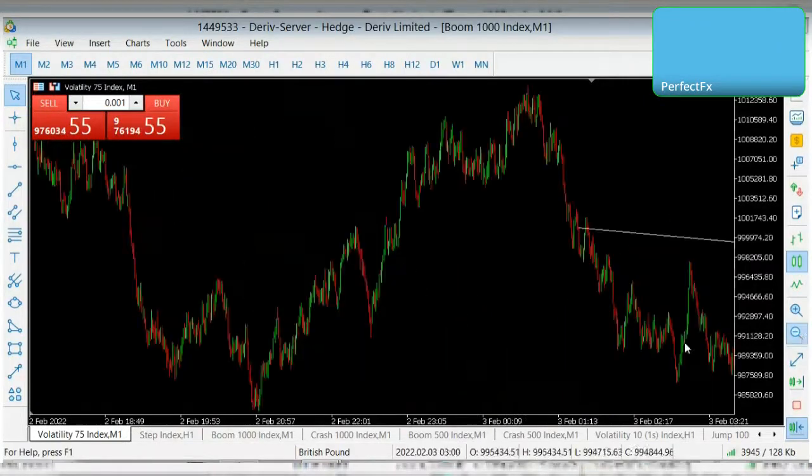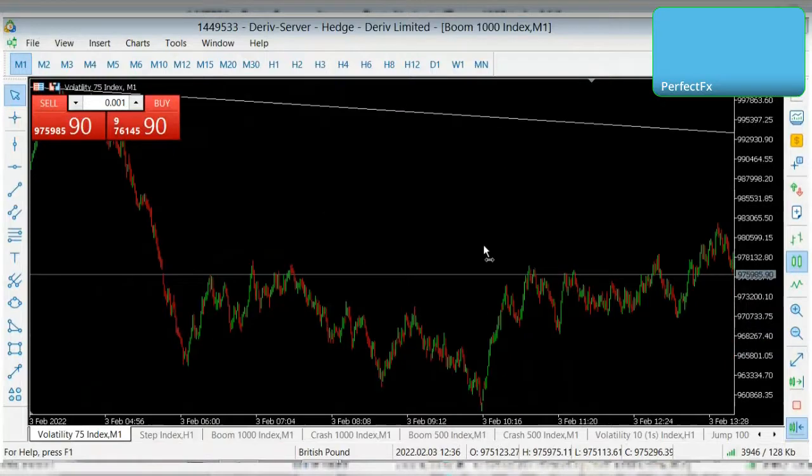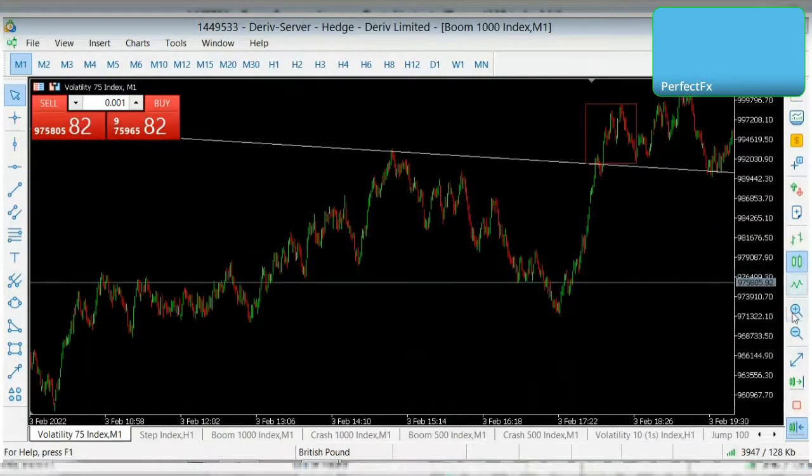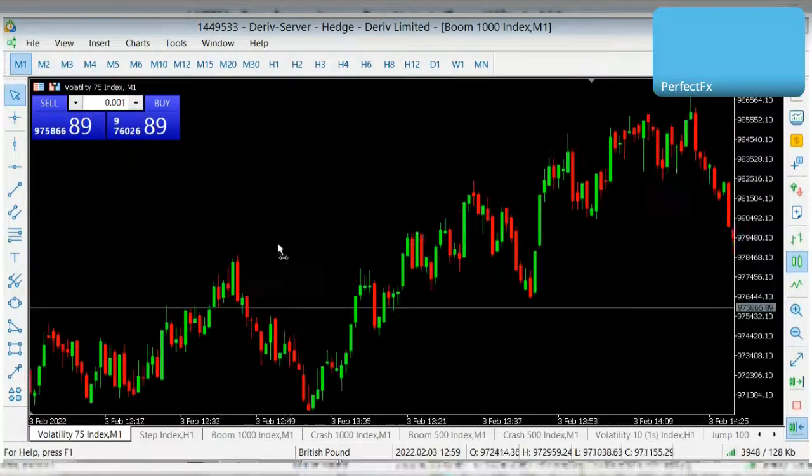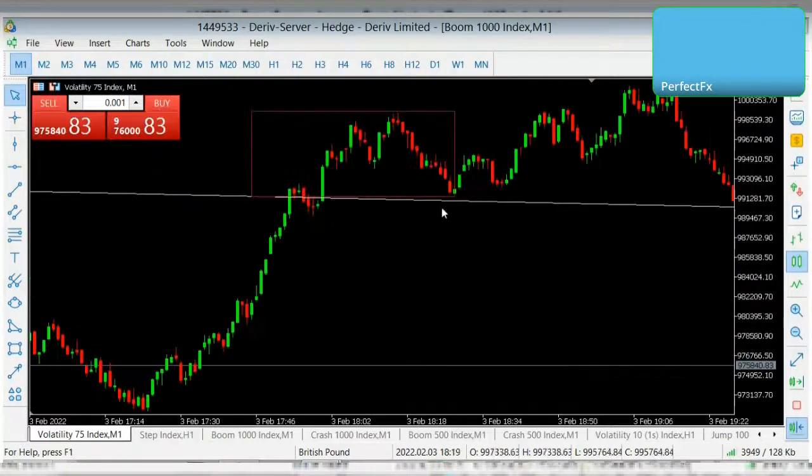After which you go down to the lower time frame, that is the 1 minute time frame, to pick out your entry confirmations.